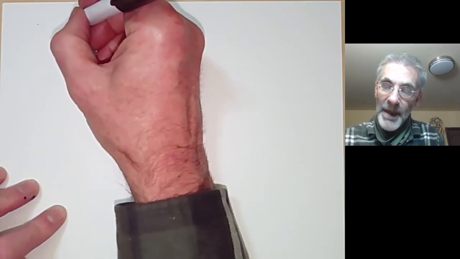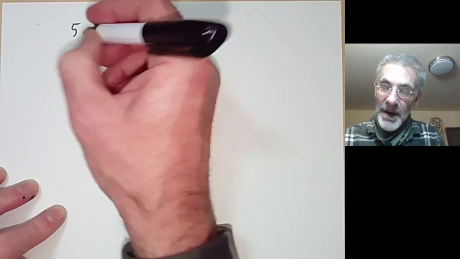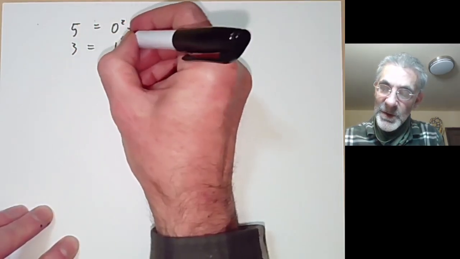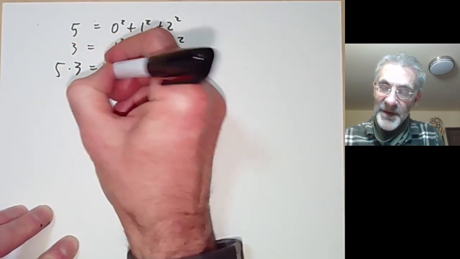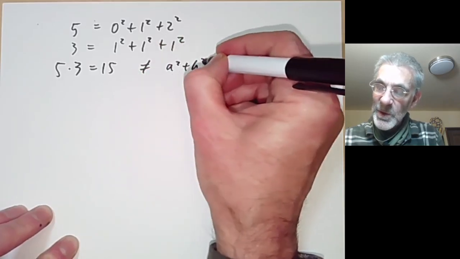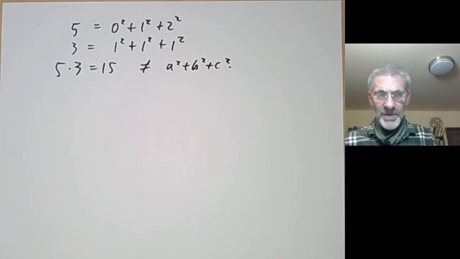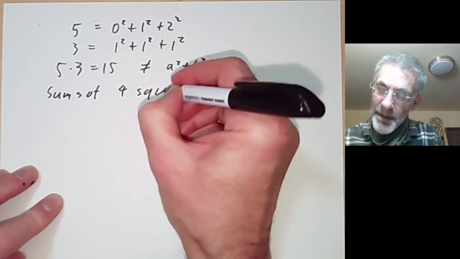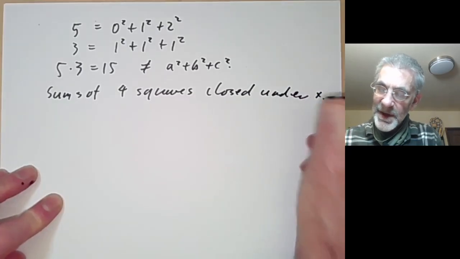For example, 5 can be written as 0 squared plus 1 squared plus 2 squared, and 3 is equal to 1 squared plus 1 squared plus 1 squared, but 5 times 3, which is 15, is not a sum of a squared plus b squared plus c squared. So sums of three squares are not closed under multiplication. However, sums of four squares are closed under multiplication.